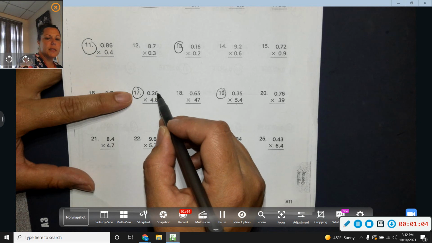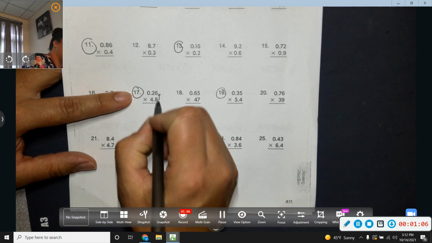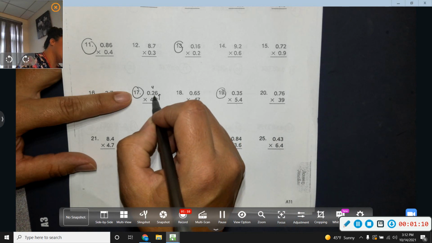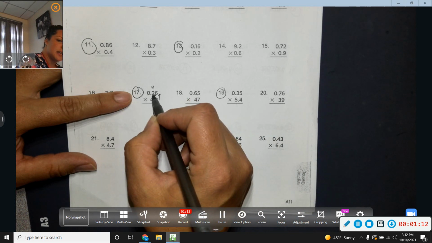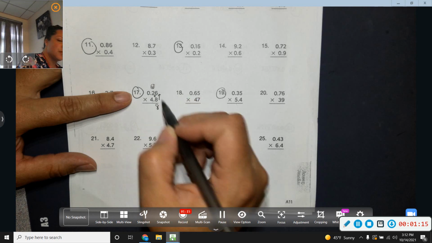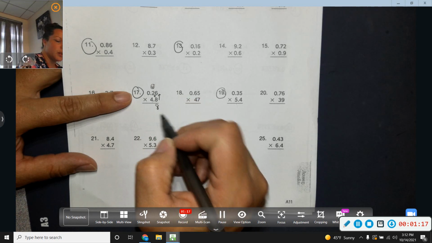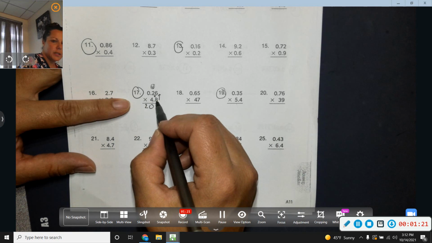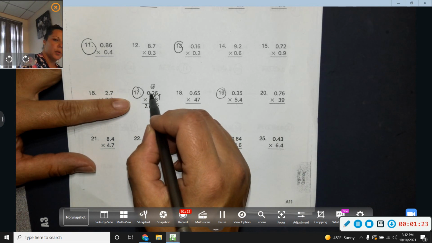So I'm going to do 6 times 8, 48, put my 8 down, carry my 4. Then I'm going to do 8 times 2 is 16 plus 4. Okay, 16 plus 4 is 20. I'm done with this 8 because I've multiplied it through both those numbers.